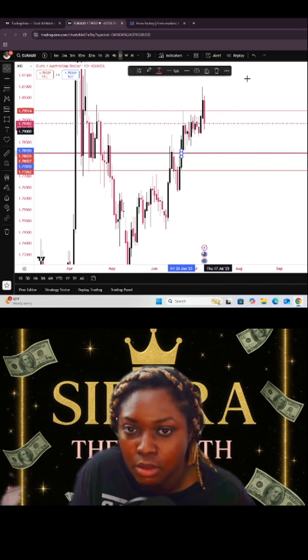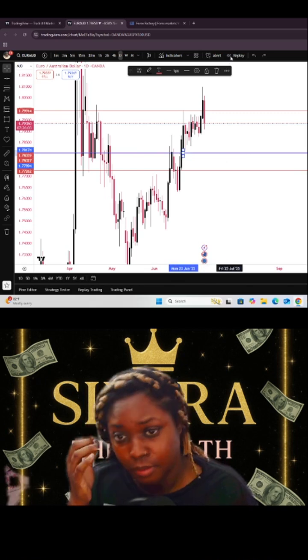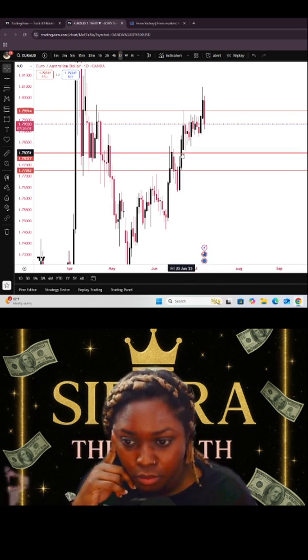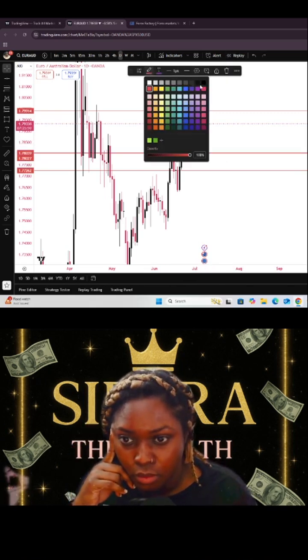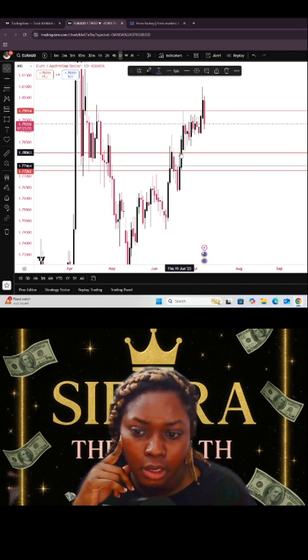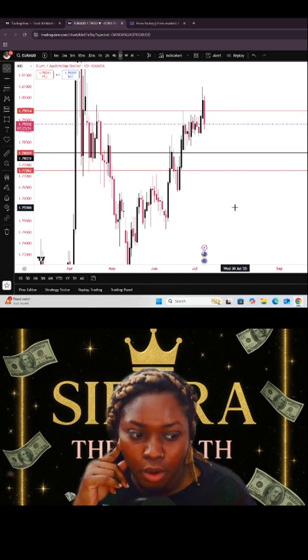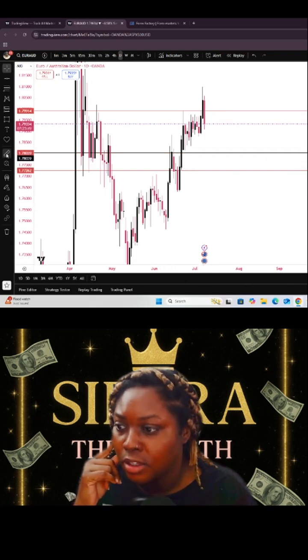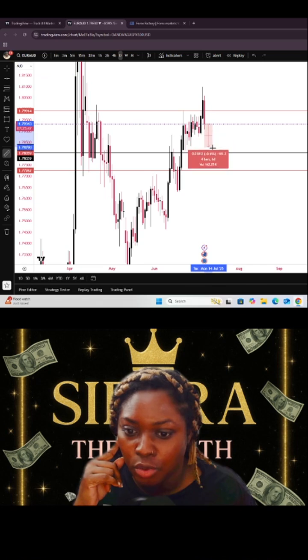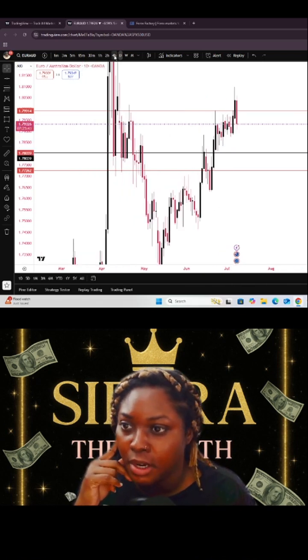I don't like that. Where's another red line down there? All right, so from current area to this zone, that's a nice 129 pips. That'll be a nice move.